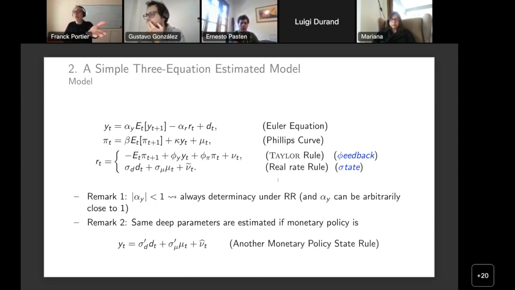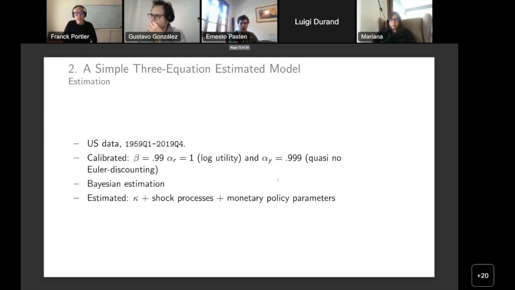It's a bit ridiculous to estimate such a simple model on data, but let's play that game. Here we can do any subsample you want, it doesn't change anything, but let me use the largest possible subsample, making sure that I replace the nominal interest rate by the shadow rate during the ZLB. But you can stop in 2008 and start after Volcker, that doesn't change anything.